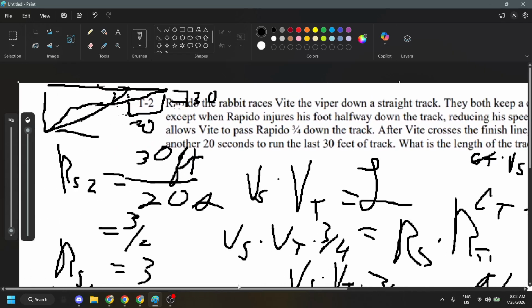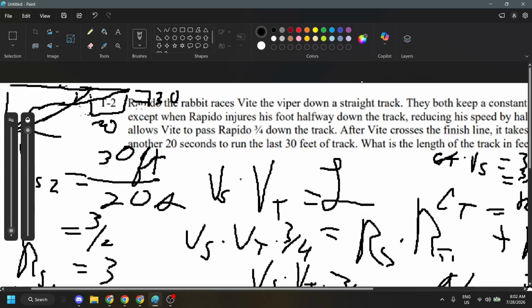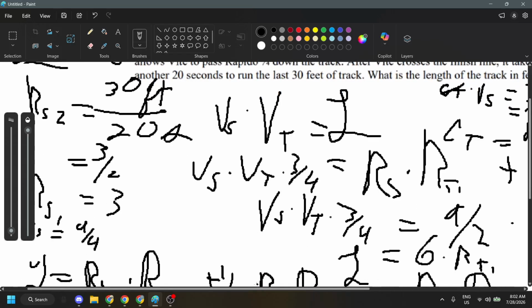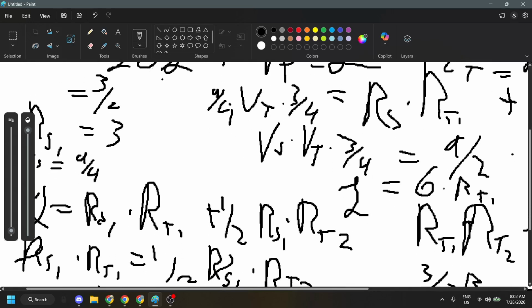Now we just need to solve for Viper. We need to solve for the length, which we can find either of the times to do. (27/16).